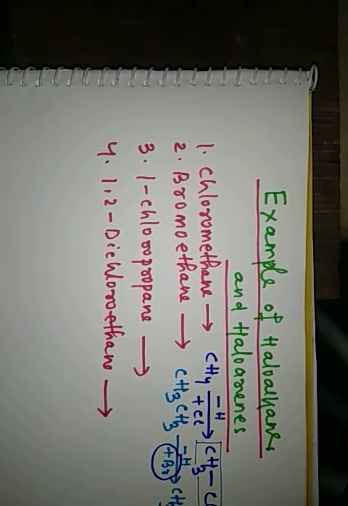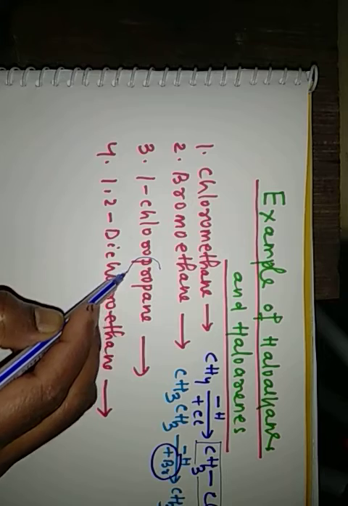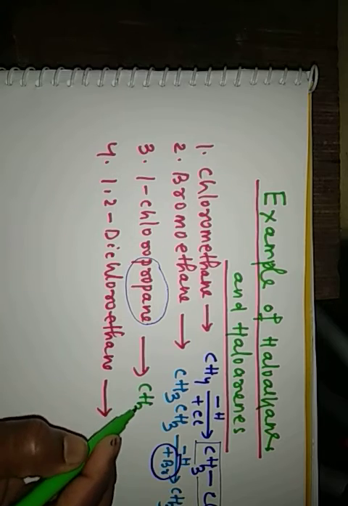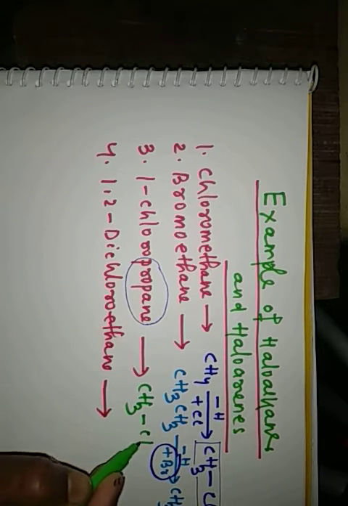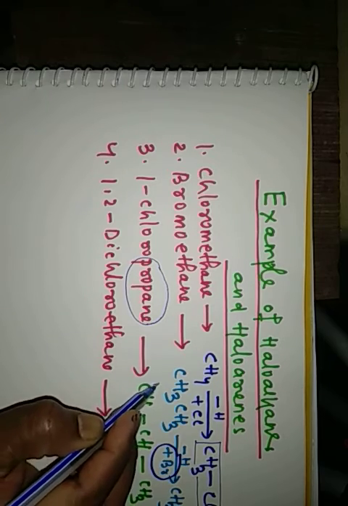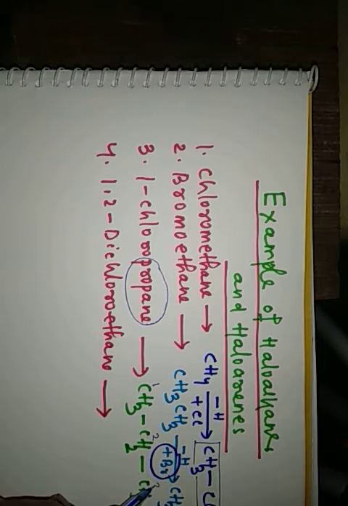Similarly, chloropropane. For the chloropropane, we first have to write down the propane. So the structure of propane is CH3 CH2 CH3. So 1-chloropropane means this is carbon 1, carbon 2, carbon 3.